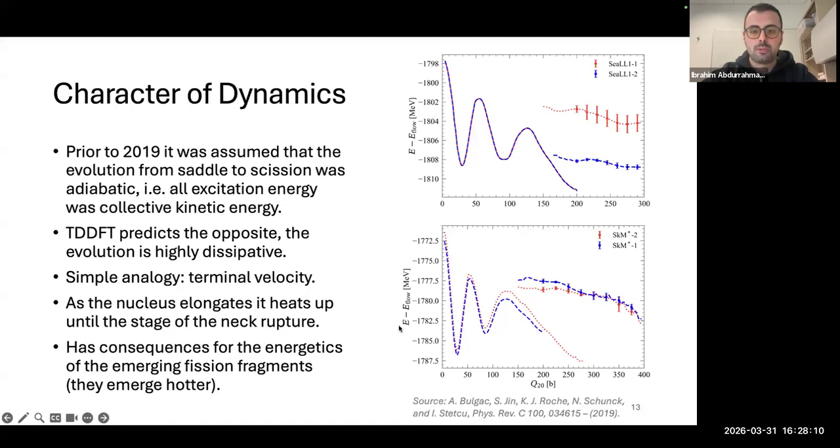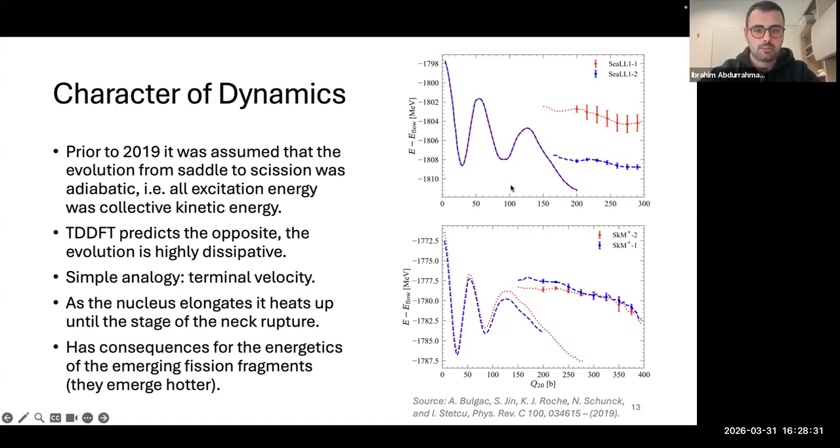So what I want to pull your attention to is what's plotted here, these lines, are the intrinsic energy of your system. So what does that mean? It means you take your total energy and you subtract out the collective kinetic energy.